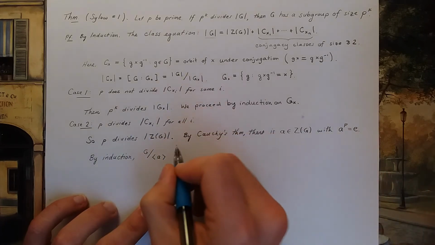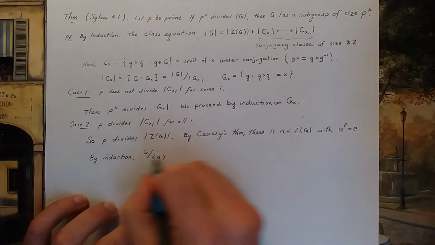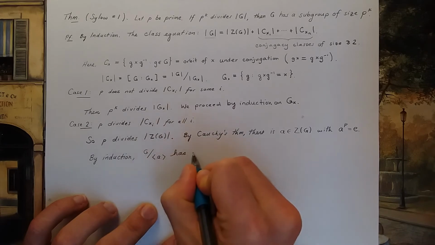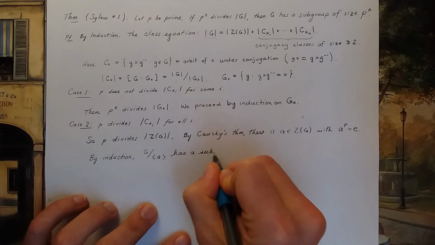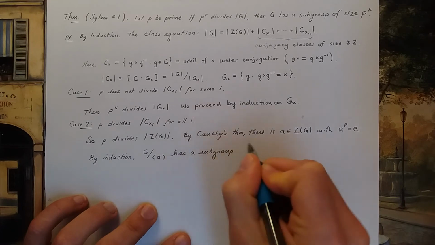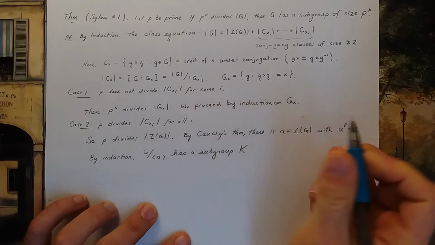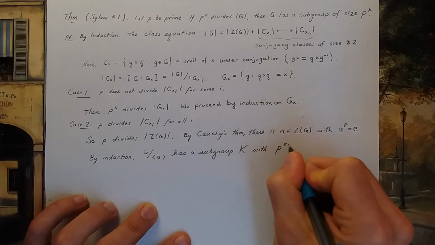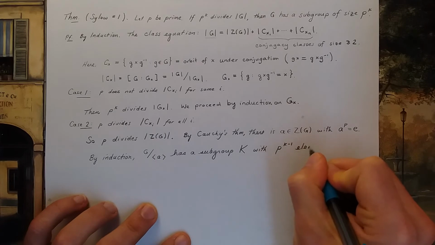I can use the induction hypothesis and say that this group has a subgroup, let's call it capital K, with P to the K minus 1 elements.